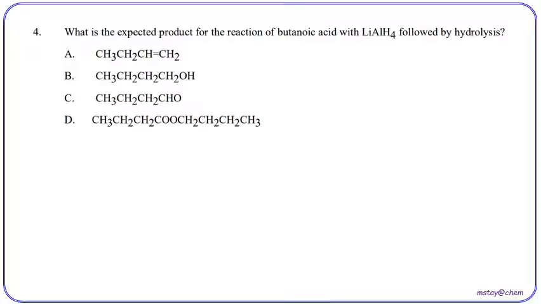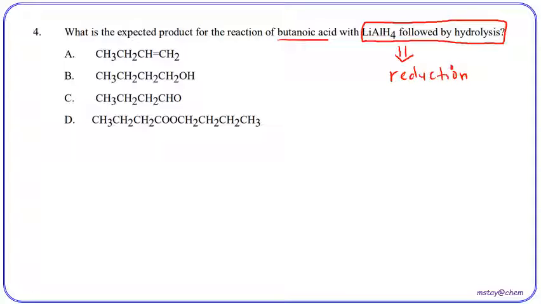Tutorial question number 4. What is the expected product for the reaction of butanoic acid with lithium aluminum hydride followed by hydrolysis? When we see the reagent lithium aluminum hydride, what comes to mind is reduction.